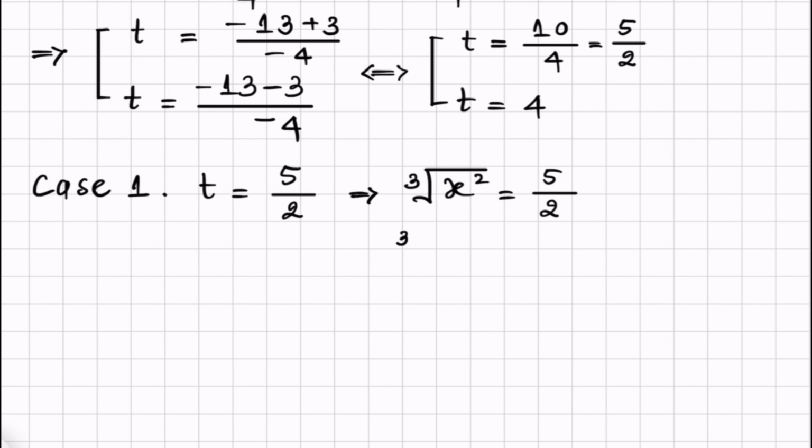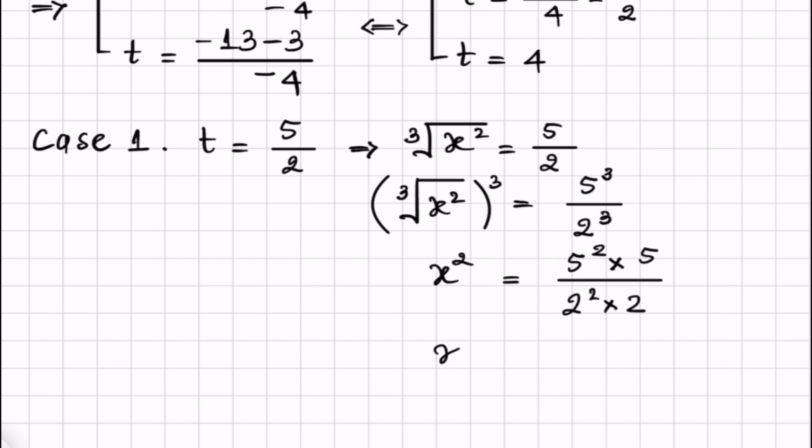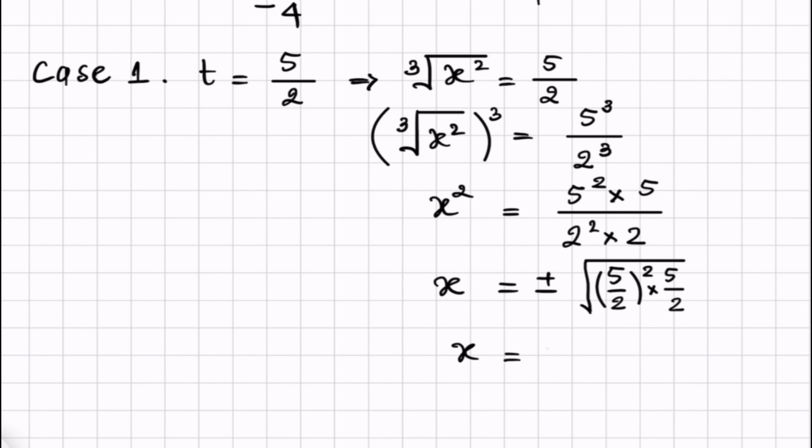We will get x squared raised to cube equal to 5 cubed over 2 cubed, and then x squared equal to 5 squared times 5 over 2 squared times 2, and then we will get x equal to plus or minus the square root of 5 over 2 raised to the square, times 5 over 2, okay, and then x equal to plus or minus 5 over 2 times the square root of 5 over 2.